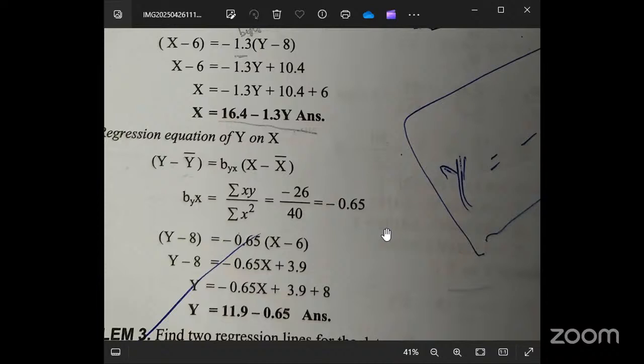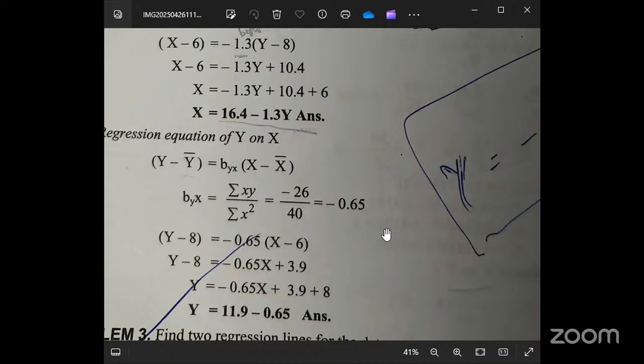So byx equals sigma xy by sigma x square. Sigma xy is minus 26 and sigma x square is 40. So minus 26 divided by 40 gives minus 0.65.